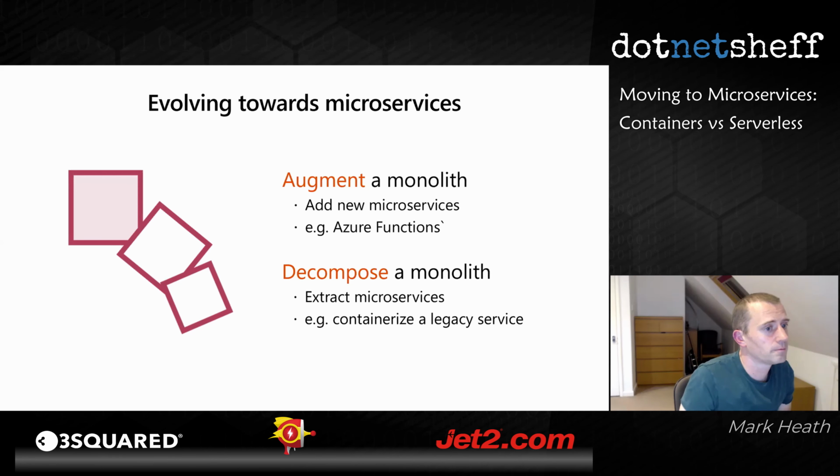So for example, in an ASP.NET application, you might take just one controller from a really large ASP.NET application, move that into its own project, containerize it, and then that's running as a microservice. And you've successfully taken one piece out.